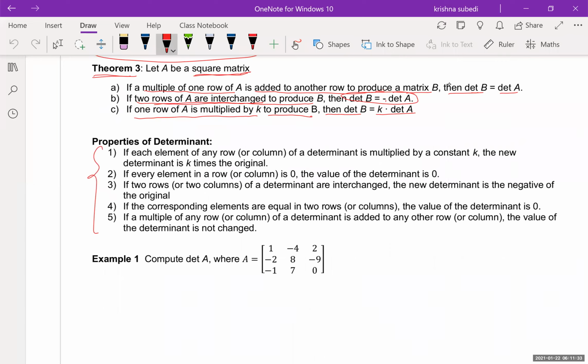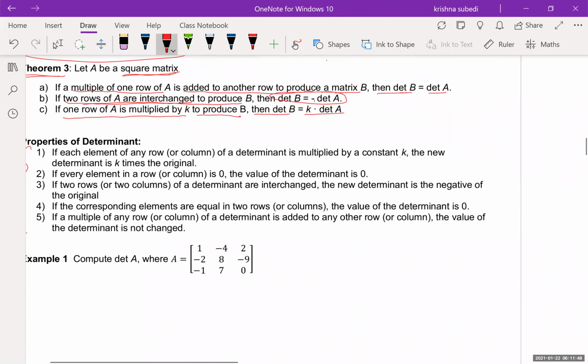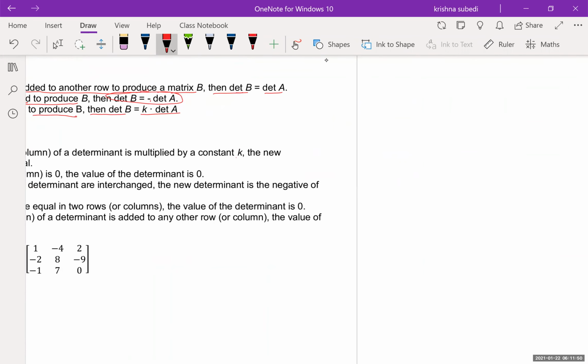Now, first one is if each element of any row or column of a determinant is multiplied by a constant K, the new determinant is K times the original. What does that mean is, let's say, property number 1, I'll write P1.